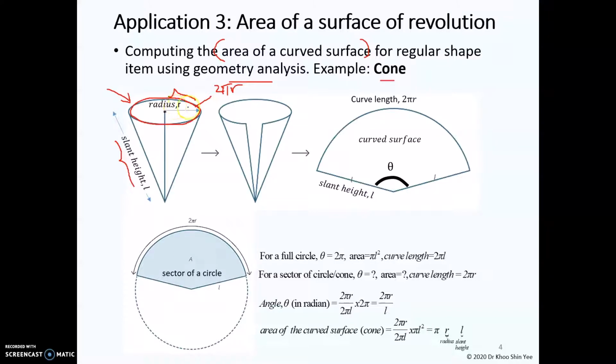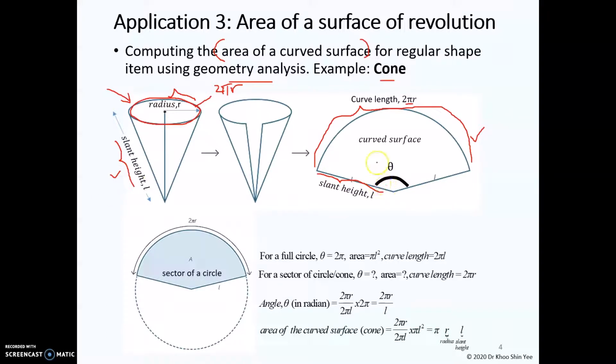Let's open this cone. Once you open it, you should obtain this geometry. Therefore, the distance here is equal to the circumference, which is also equal to 2 pi r. And the length here still remains the slant height.